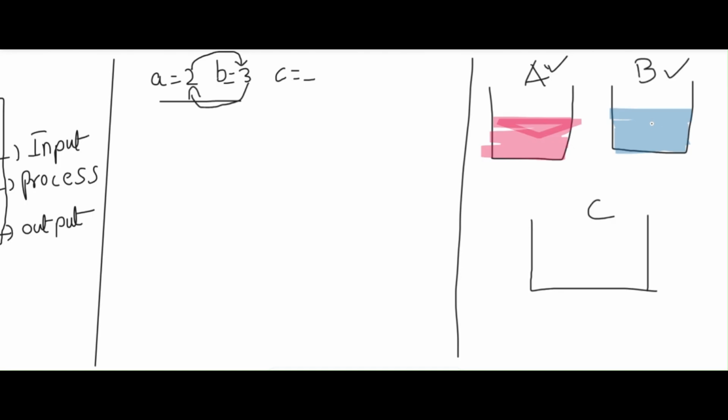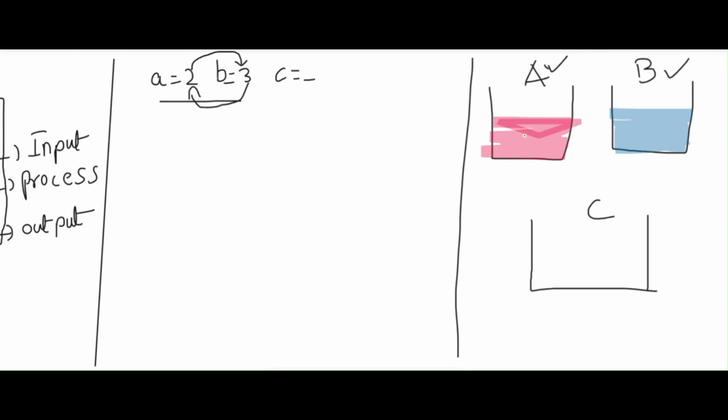Now I want to swap these. I want to pour bucket B's blue water into bucket A and the red water into bucket B. You are already given an empty bucket. What do you do? Just pause this video and think of the logic.